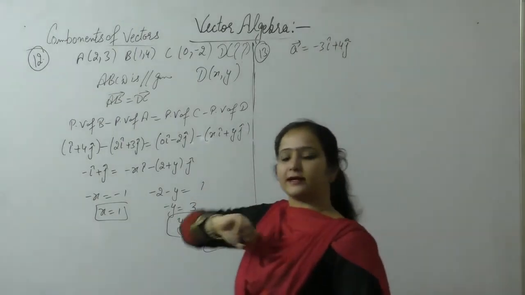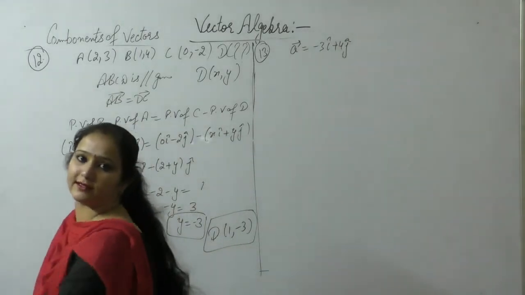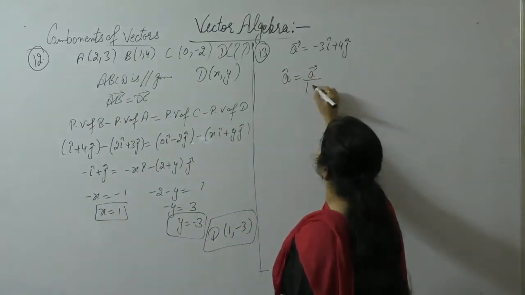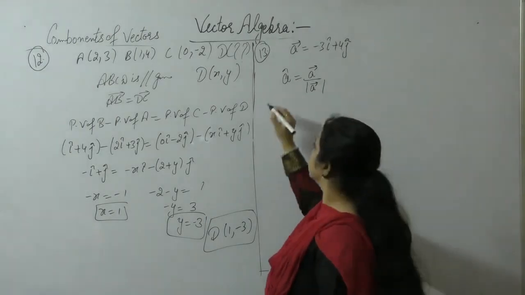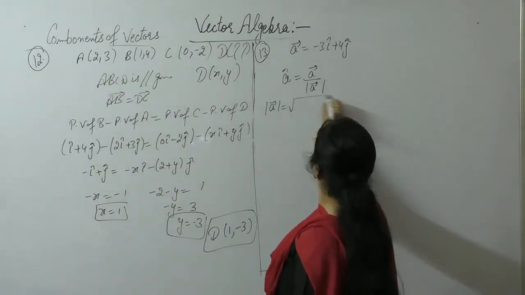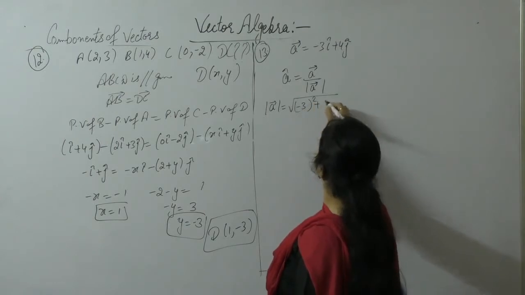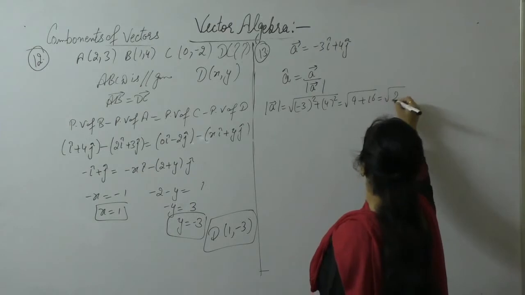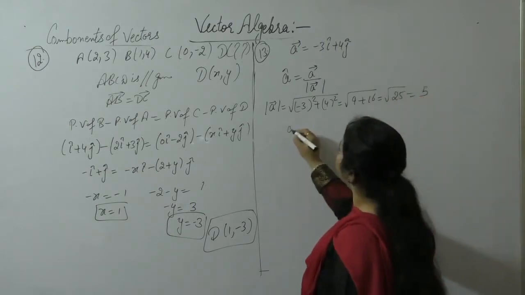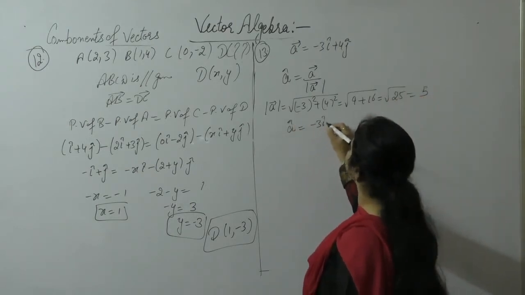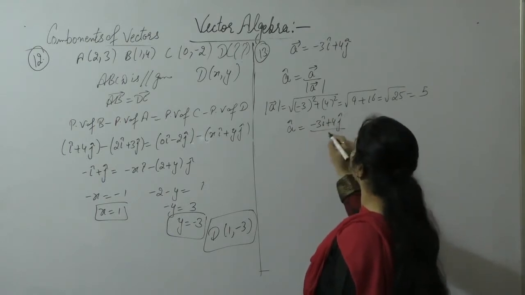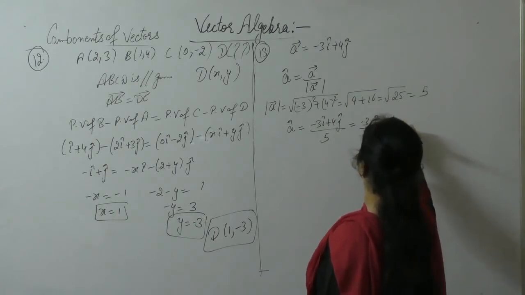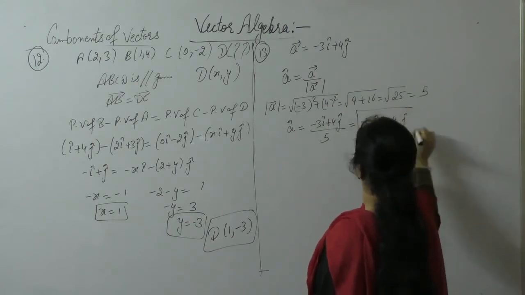Unit vector is minus 3 by 5 i cap plus 4 by 5 j cap.